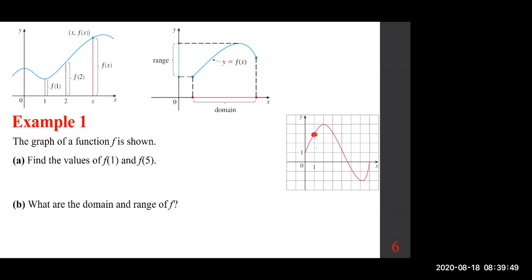I'm looking at this point, and this point has x-coordinate 1, and y-coordinate 3. Let me use a different color here, class. So now when I'm looking at f of 5, okay, then I'm looking at this point.